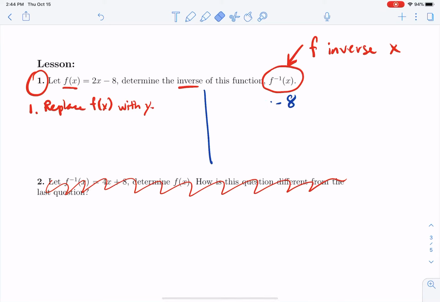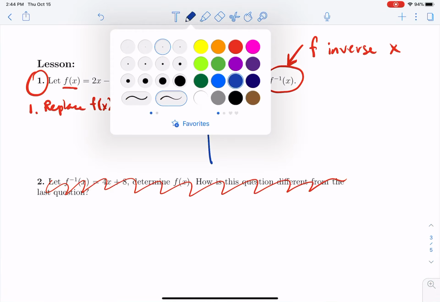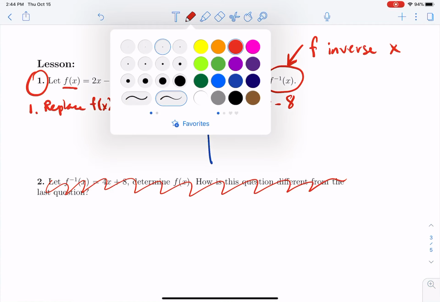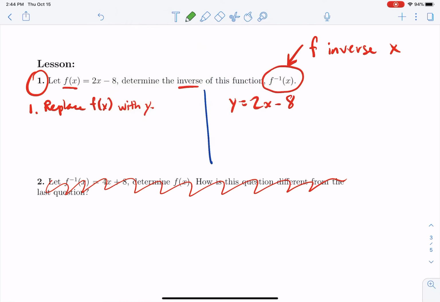All right, so the next thing I'm going to do is switch x and y. So instead of y equals 2x minus 8, I'm going to write x equals 2y minus 8.